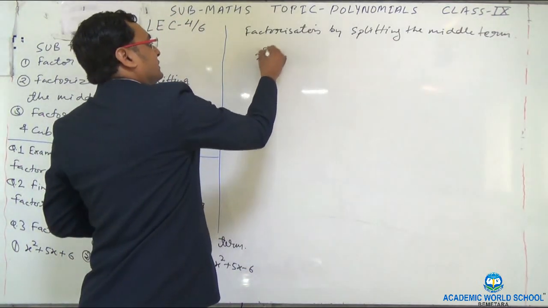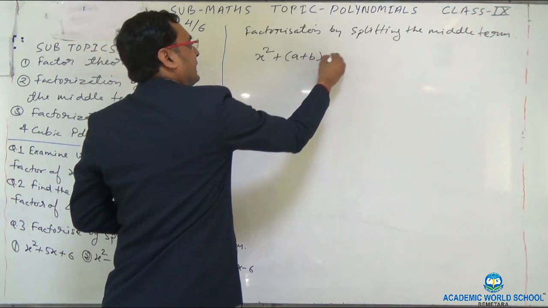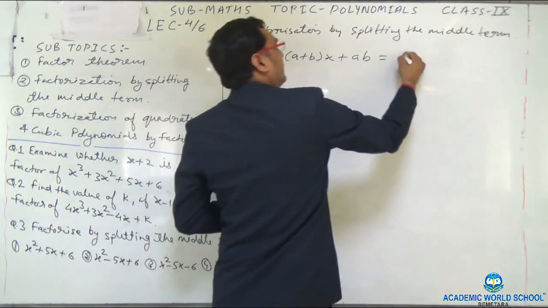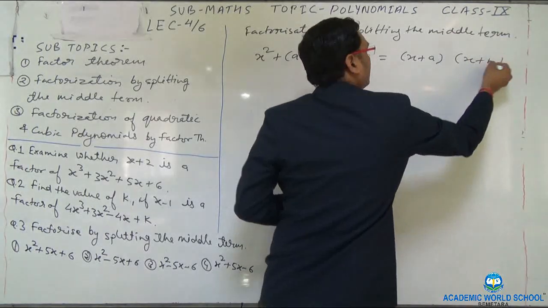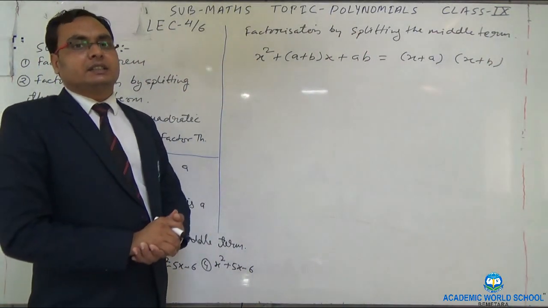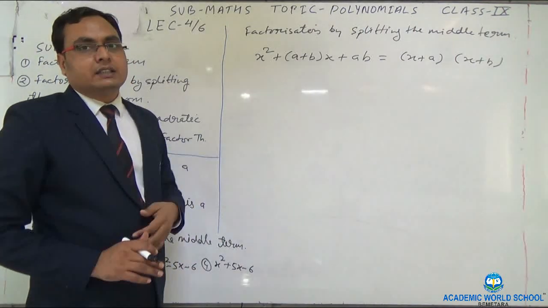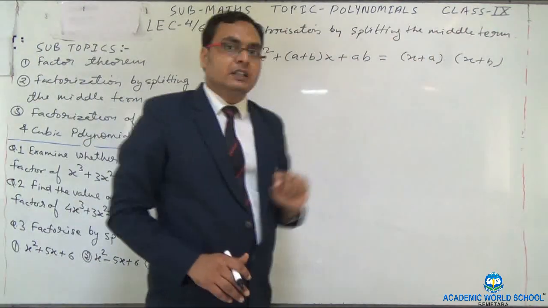It is x square plus (a plus b)x plus ab is equal to (x plus a) into (x plus b). This identity you have studied in class 8th, and this is the only identity that we apply here to factorize by splitting the middle term.